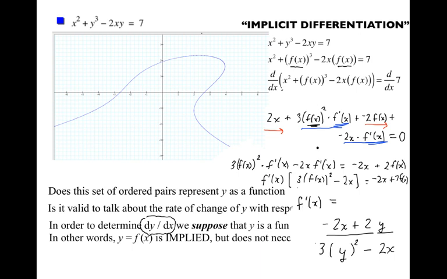So the reason we want to do it that first time is to really see we need a chain rule, right? Every time we take the derivative of y, you can use y's and y primes. You don't have to use f of x and f of x primes. It's a little bit less writing, okay? But really important to see what's going on there. I think the f of x is really helpful the first time.